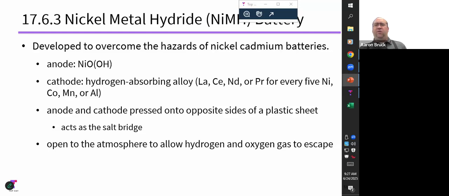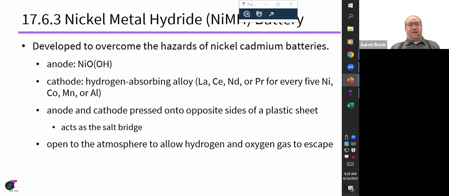And so basically, we'll talk about this when we talk about solids at the end of the week, but an alloy is basically just taking advantage of the way that these metals pack and substituting other metals in those positions. What that does in this case is it allows for some space for hydrogen to come in and settle into the crystal structure.